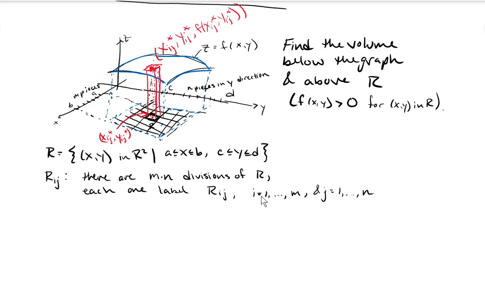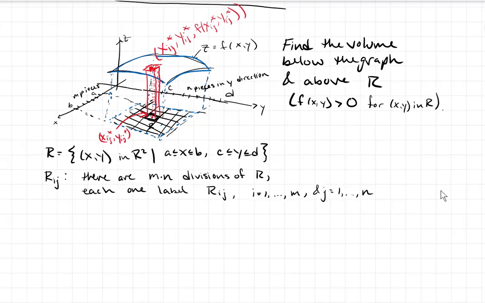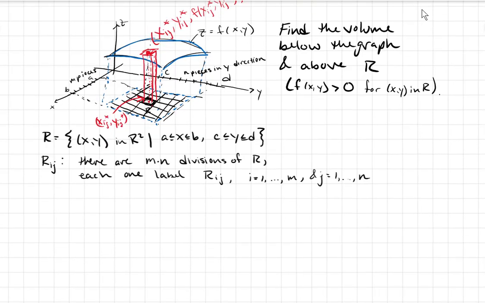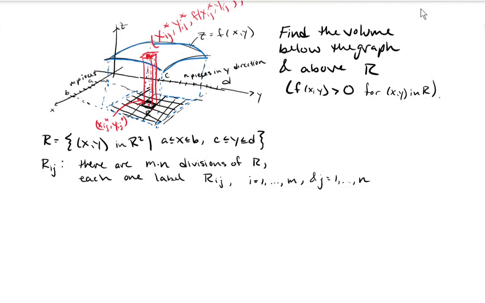So we do it for i equals 1 through m and j equals 1 through n. And this is represented by what we call a double Riemann sum. But this is like the second step here, where we added up the function value at all the sample points, and then it looks like we multiply by something. We'll see about that.